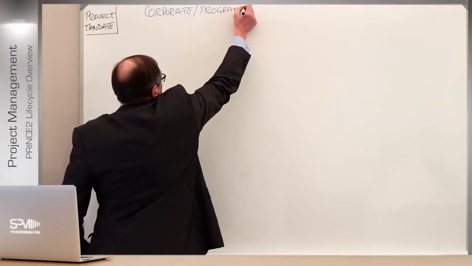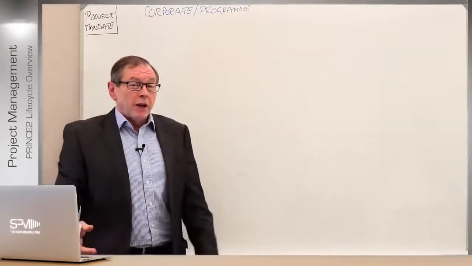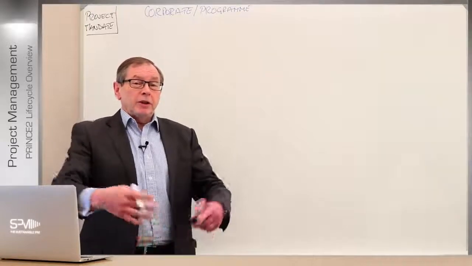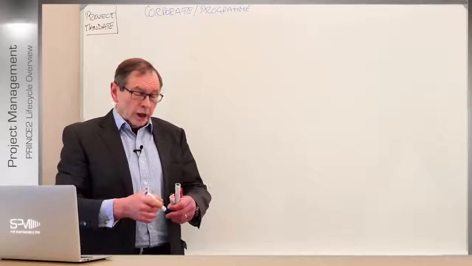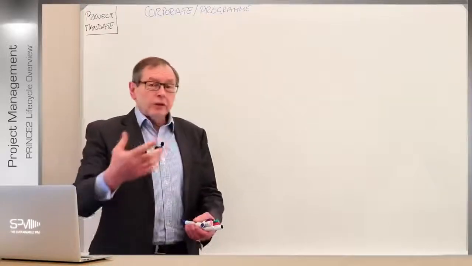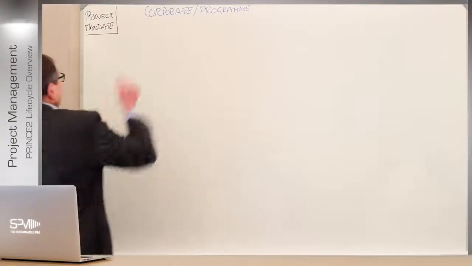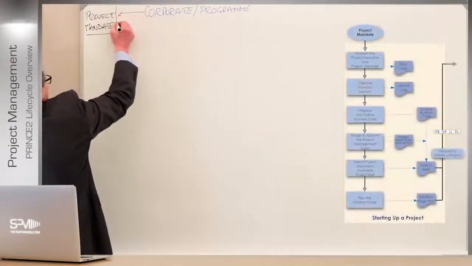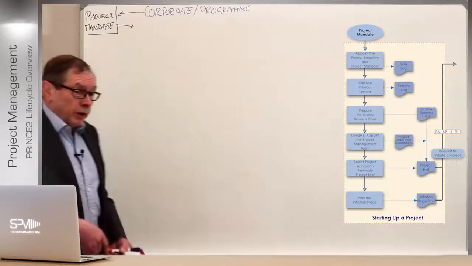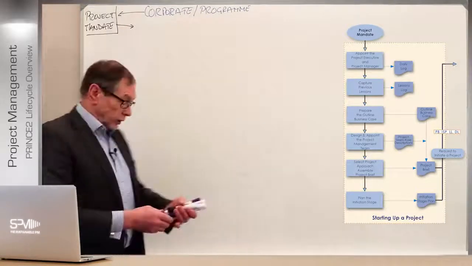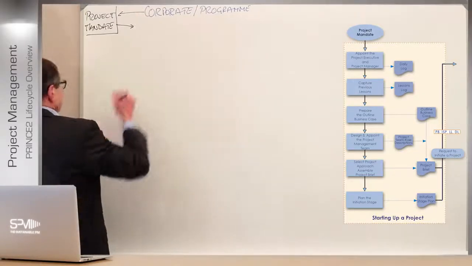Because you may well be a project that is part of a program, and therefore the trigger for your project in that particular tranche in a program is what will trigger that off. So this is the first thing that happens. We get a trigger from our friends at corporate level with the mandate, which then triggers off the first process within PRINCE2, which is starting up a project. So let's put that up here: the starting up a project process.